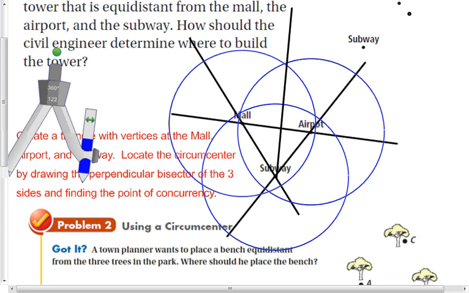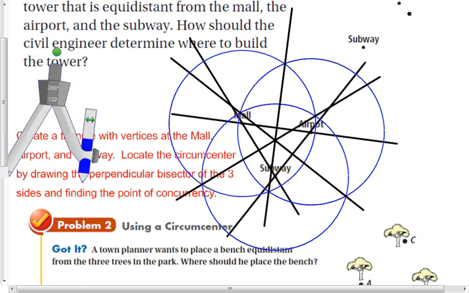This line will go right between those 2 points. This line will have a line between these 2 points. That's another perpendicular bisector. And there's one more perpendicular bisector right between those 2 lines. And where they all 3 intersect, right in the middle there, that is the point that will be equidistant from the mall, the airport, and the subway. All right, you try that.